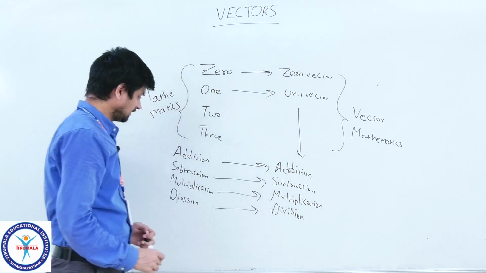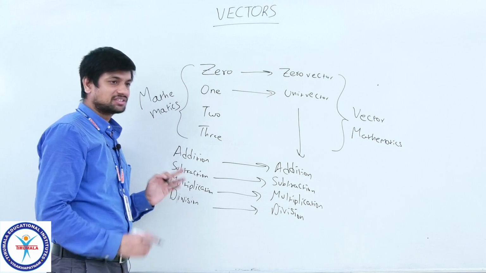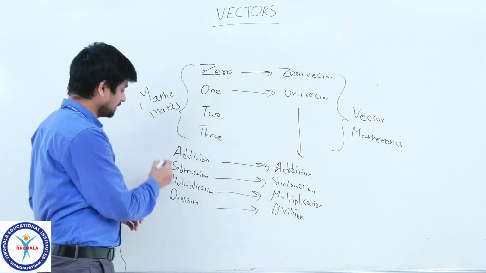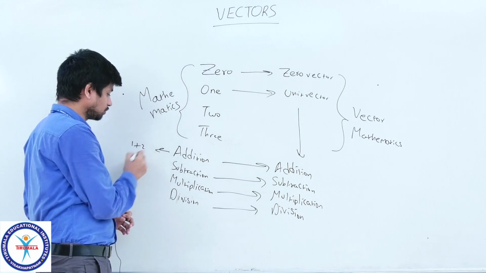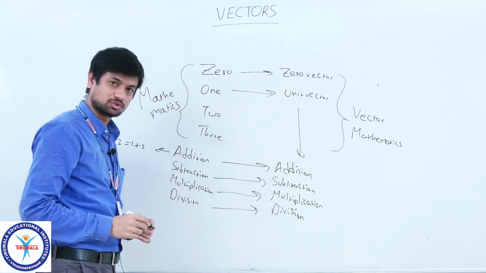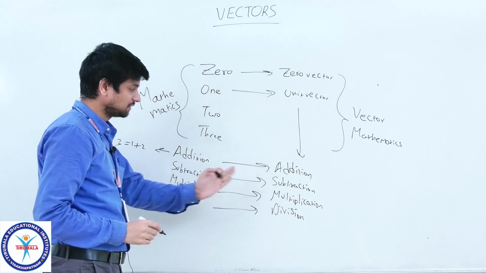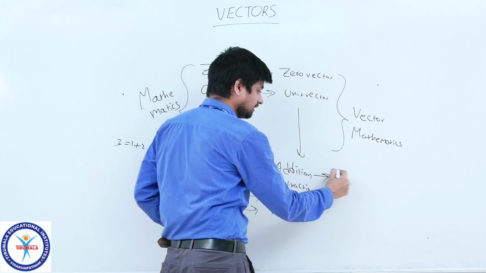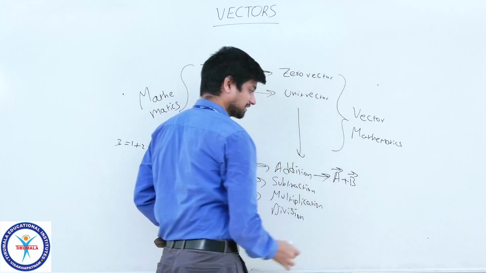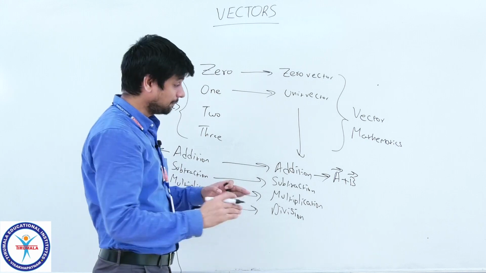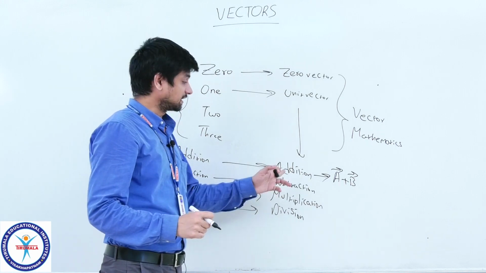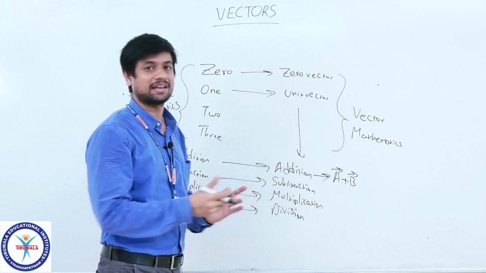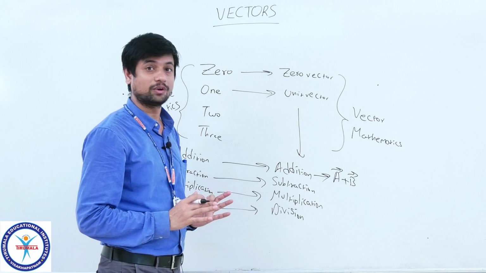Addition means simply taking any two values from one set and adding them. 1 plus 2 gives you 3. Here also we will add the vectors, a bar plus b bar. But here we should reduce the system to a Pythagoras triangle, then we can add to get the resultant.